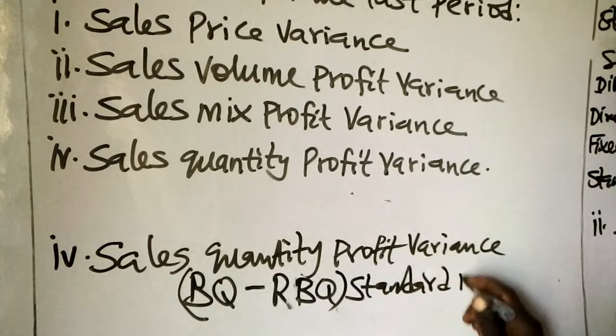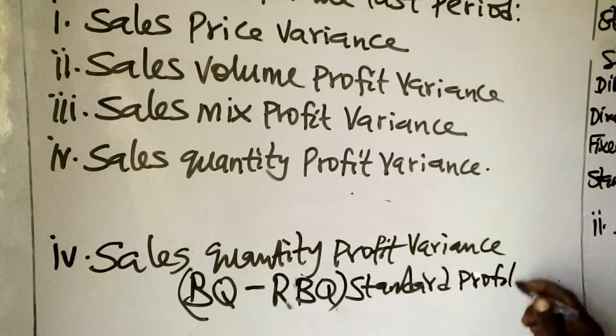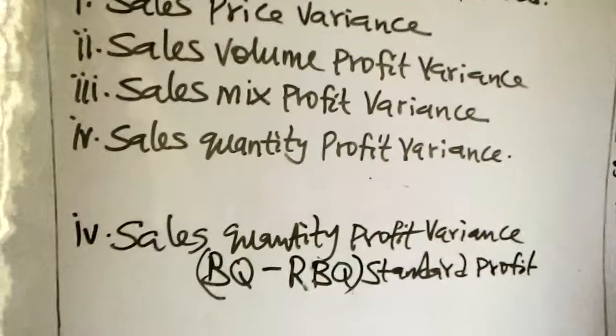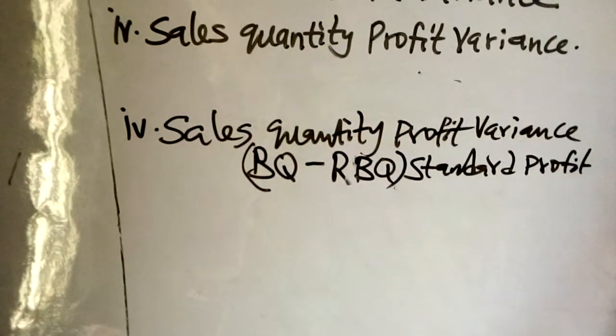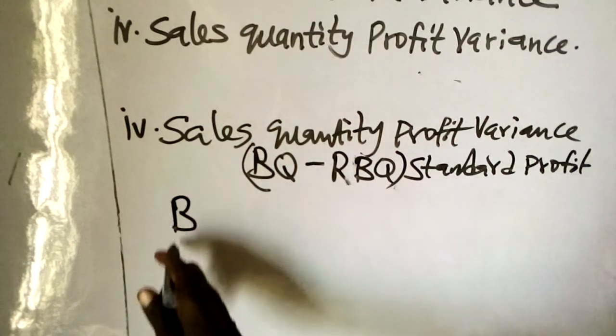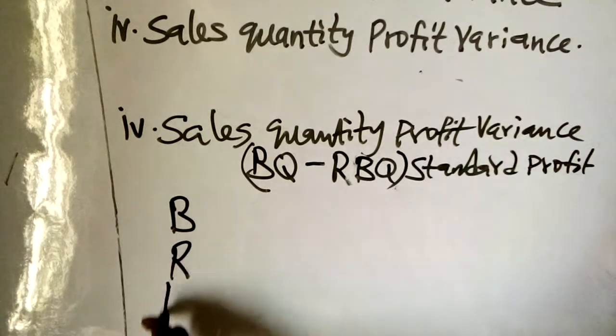And there are 3 products involved: product B, product R, and product K.